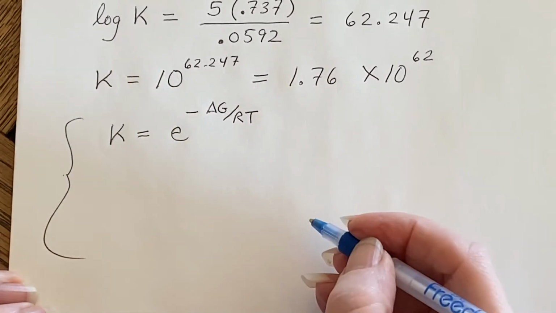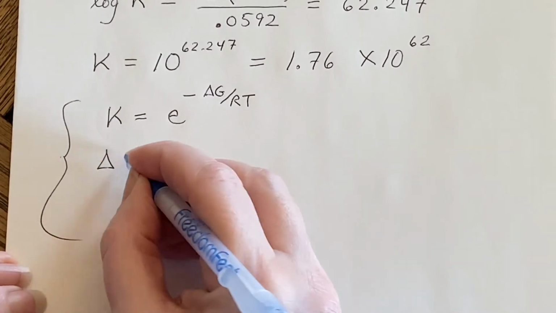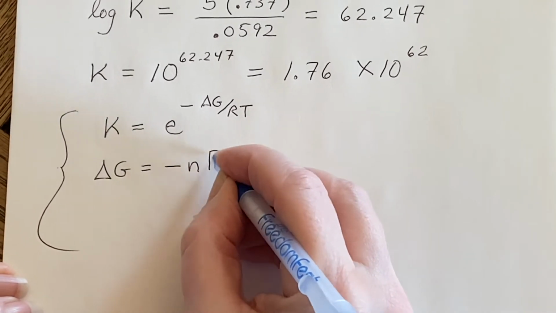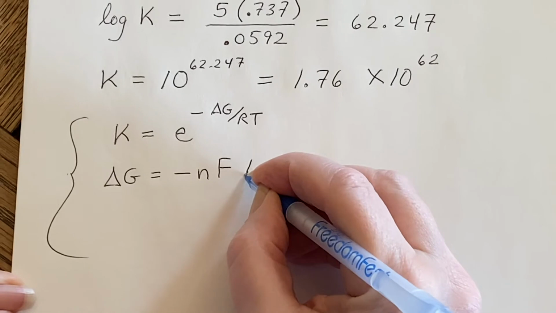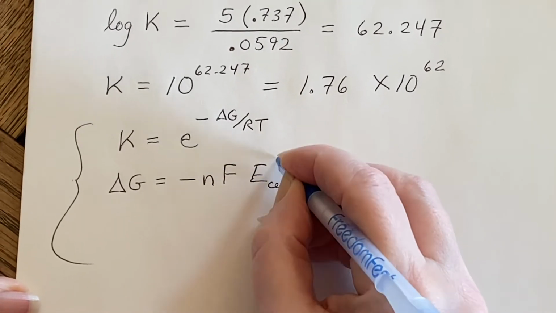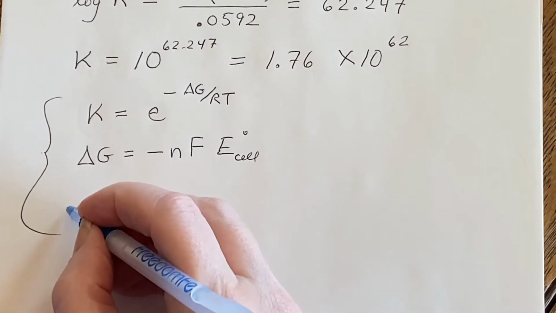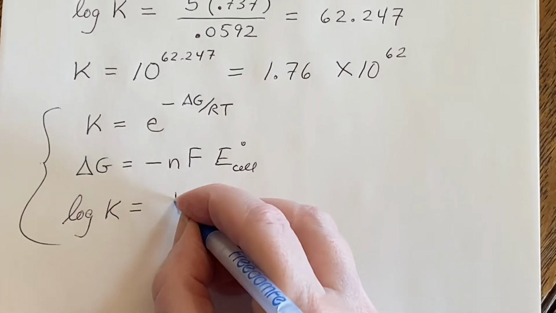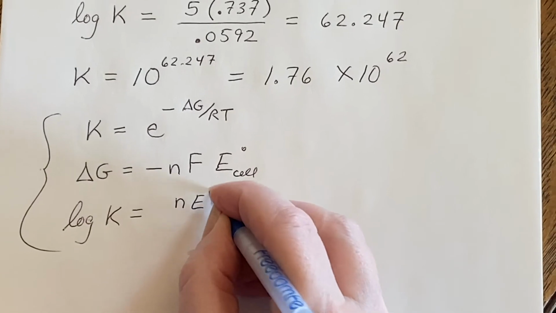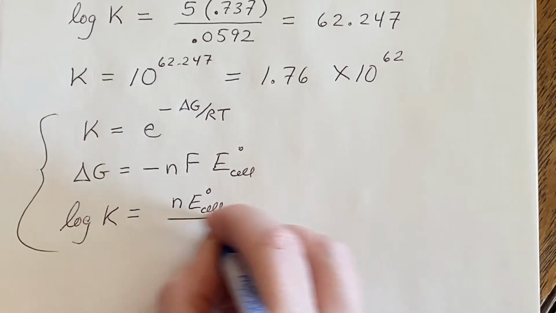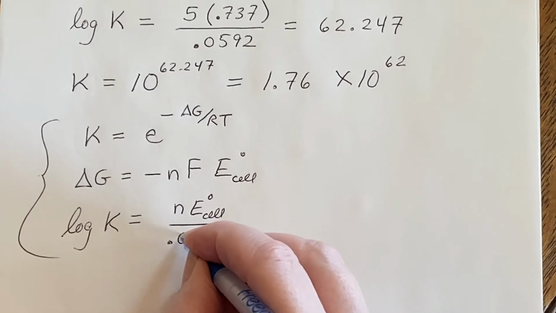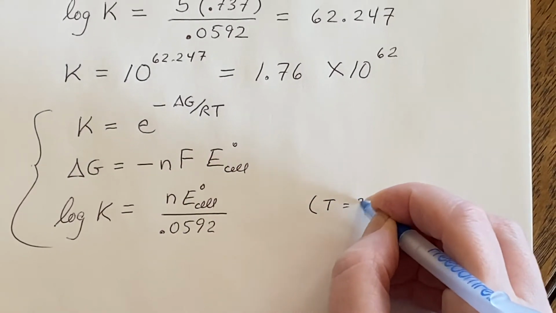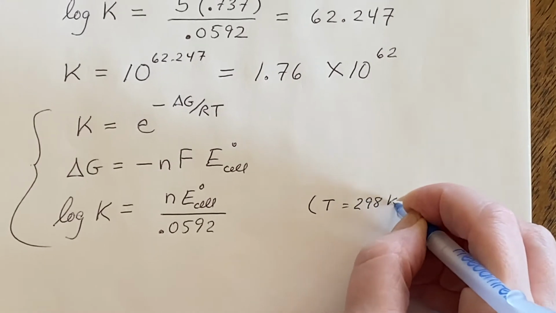And that delta G was minus N, Faraday's constant, and the voltage on the cell. And now we have this one, that log of K is equal to N times the cell voltage over 0.0592, and that's assuming that your temperature is 298 Kelvin.